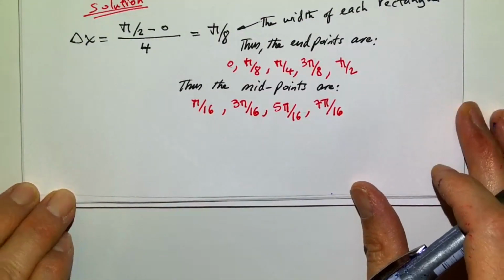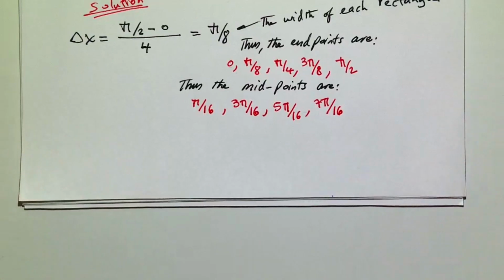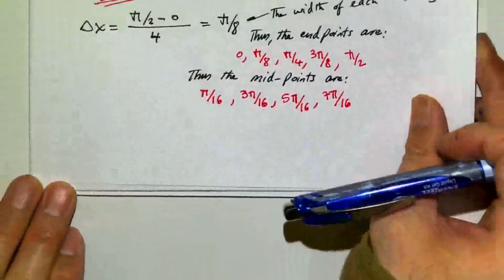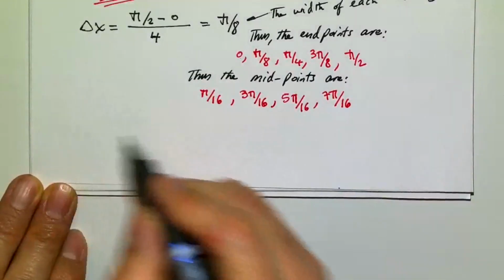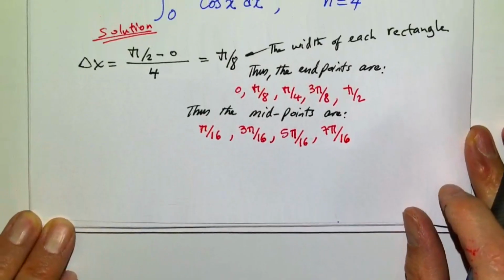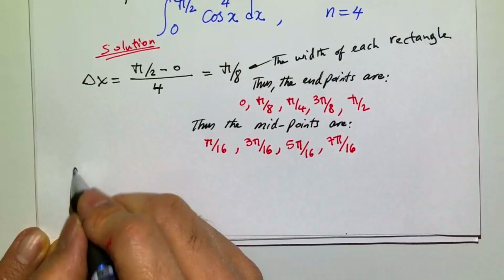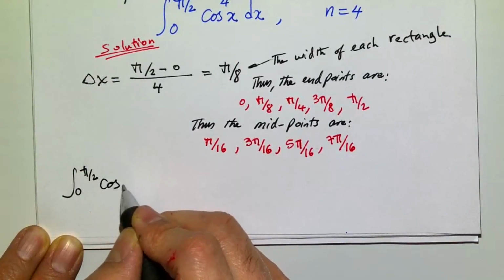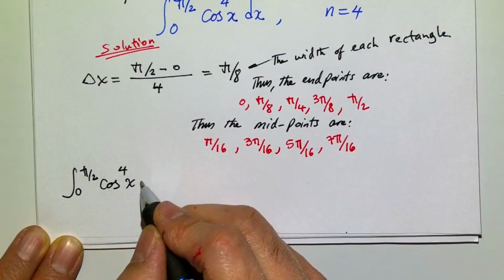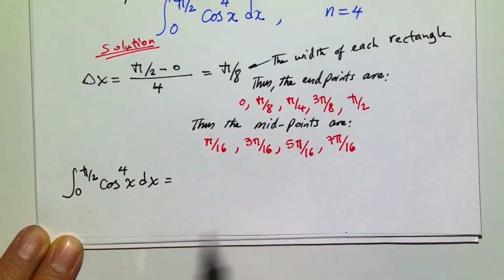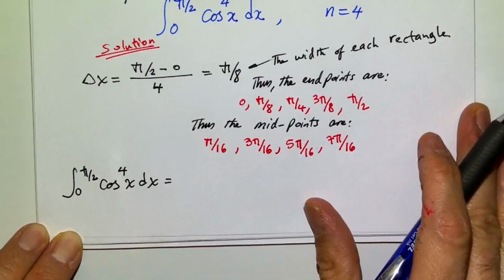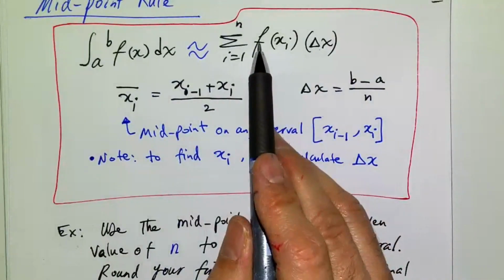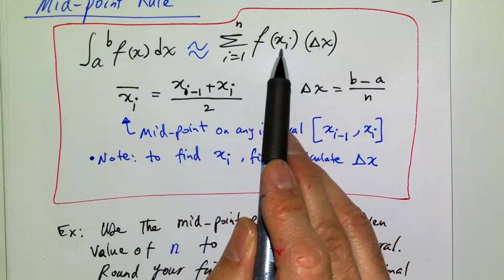So, using the midpoint rule, let's approximate the value of that definite integral. Let me bring this down a little bit. We have the integral from 0 to pi over 2 of cosine of x to the 4th power dx is equal to delta x times the value of the function evaluated at the midpoints.